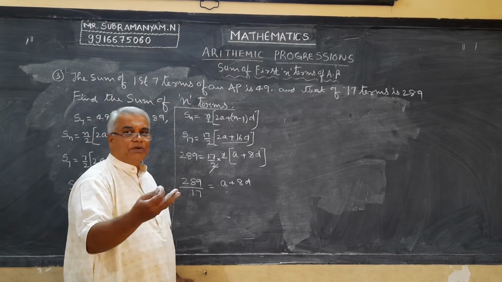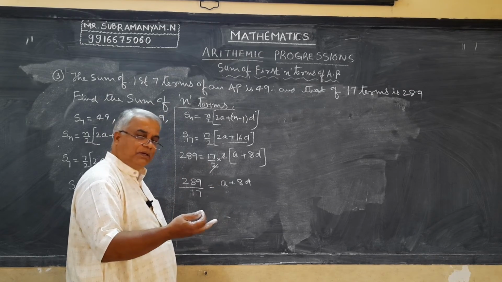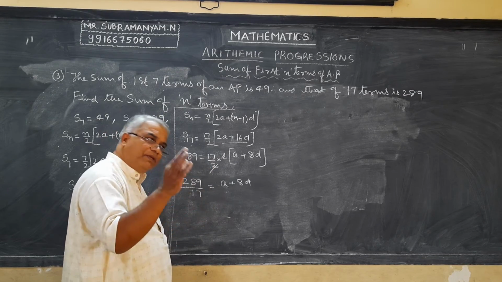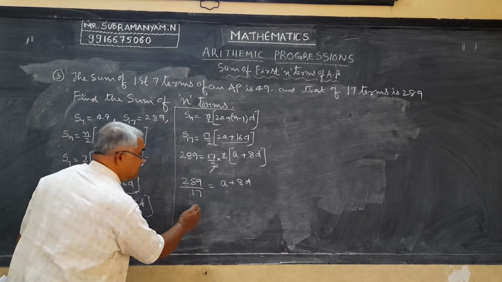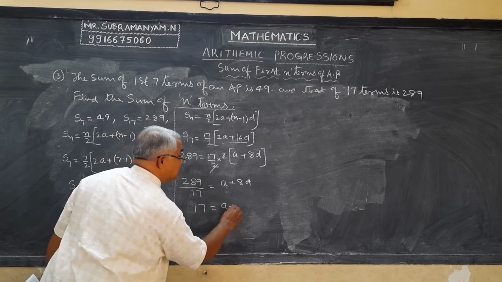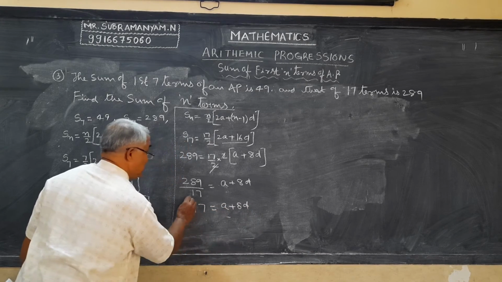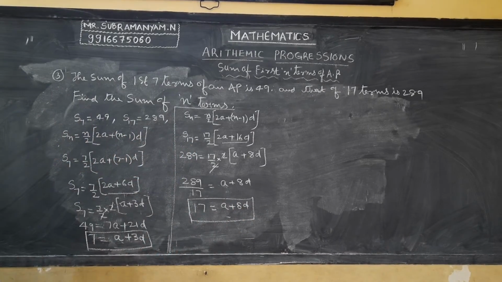Whenever need arises, you can change the problem like that. It is nothing wrong. Everything is correct. Now, 289 by 17, it is a multiple of 17. 17 17s are 289. a plus 8d. Now we have got the second equation: a plus 8d equal to 17.